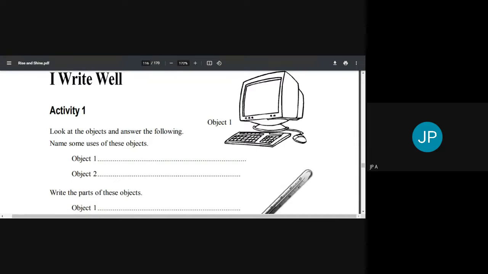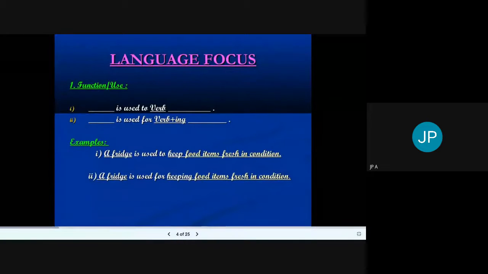It is a multifunctional device. So that is how we describe that computer. It is used for computing purposes. We can type documents in it. We can prepare programs, etc. So that is what is called the function or use of the object.